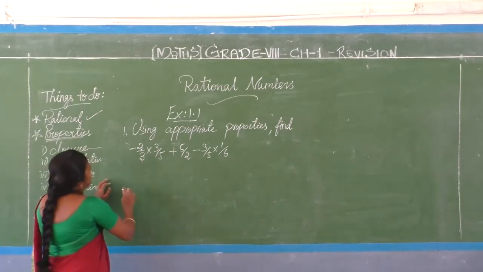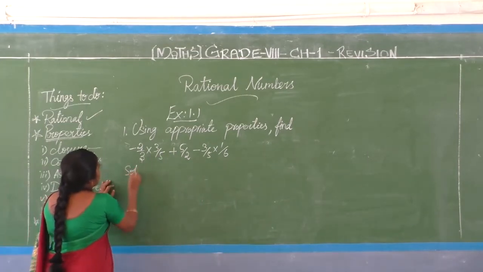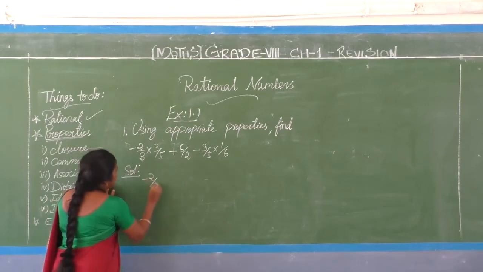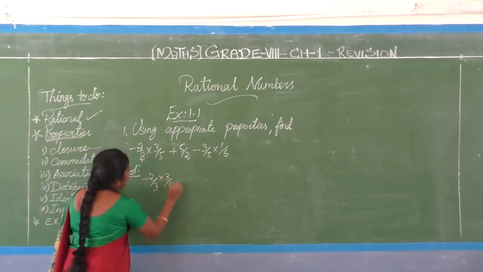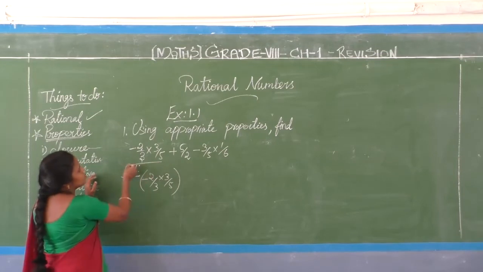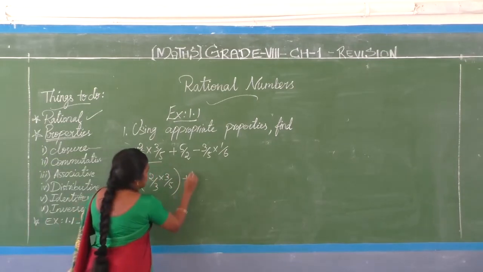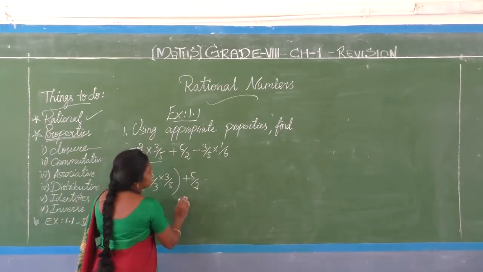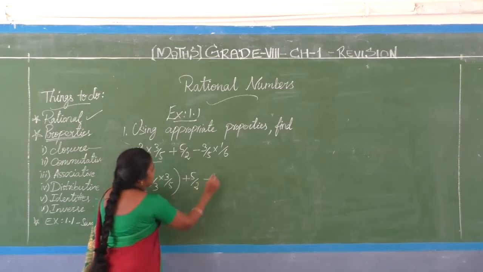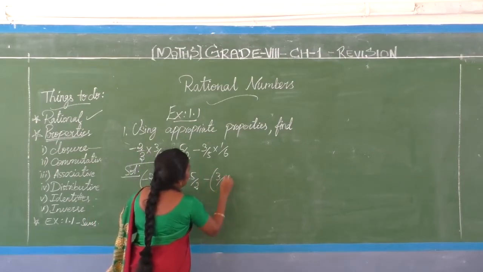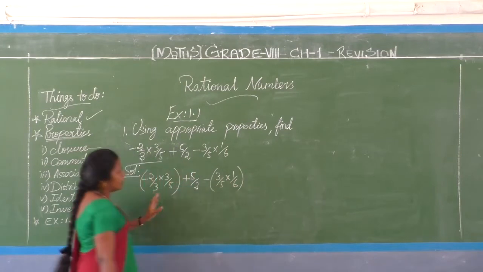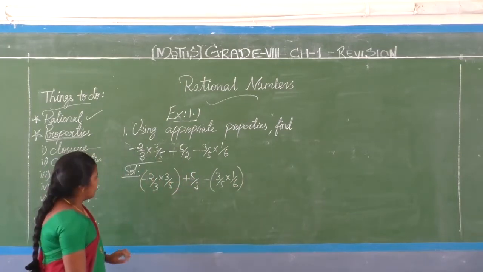See, for our convenience we can group. Minus 2 by 3 into 3 by 5, this is one part, plus 5 by 2, this is the second part. Here, the third part is 3 by 5 into 1 by 6. I have grouped it for my convenience. Clear?